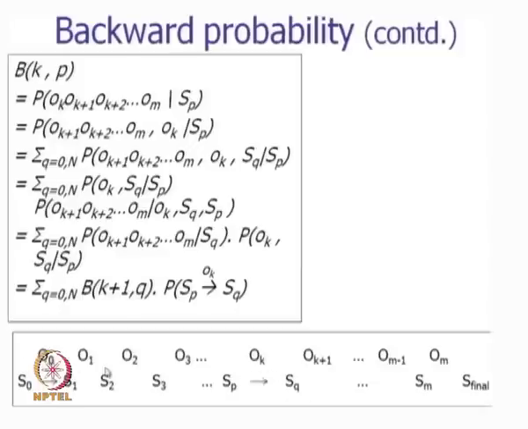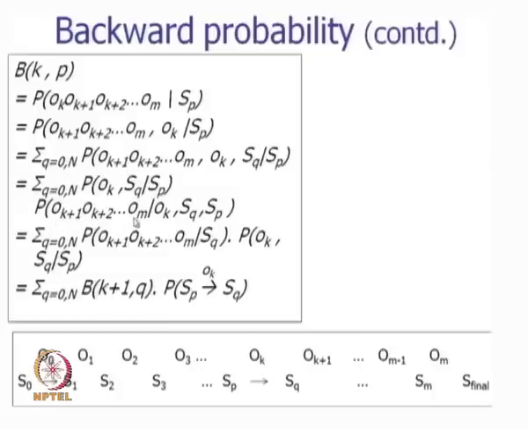So, this is the picture, and we correspond this with the picture here. Now, this is sigma q 0 to n P(O k, S q, S p). So, this particular pattern I isolate, O k, S q given S p. We are doing nothing but trying to capture the probability of this pattern, which obtains at the output and observation sequence.